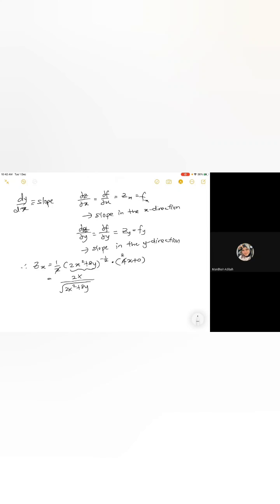So the question asks you to find at the point 2, 1. Okay, which is the x is 2, the y is 1.